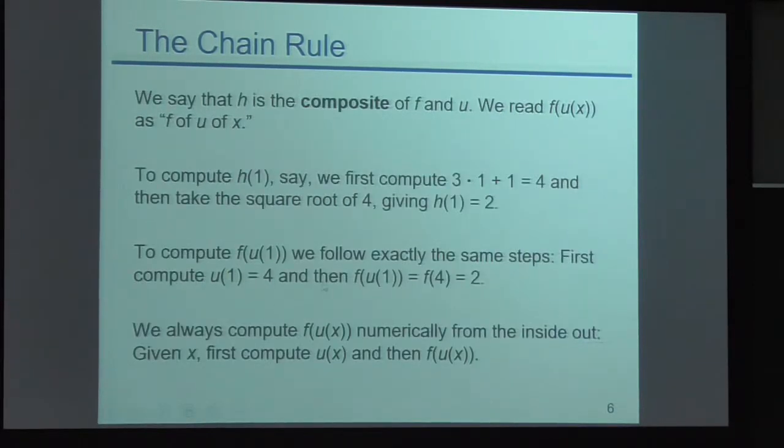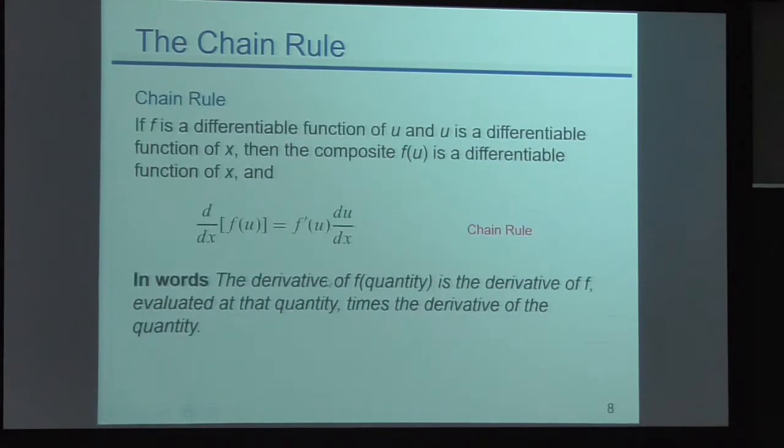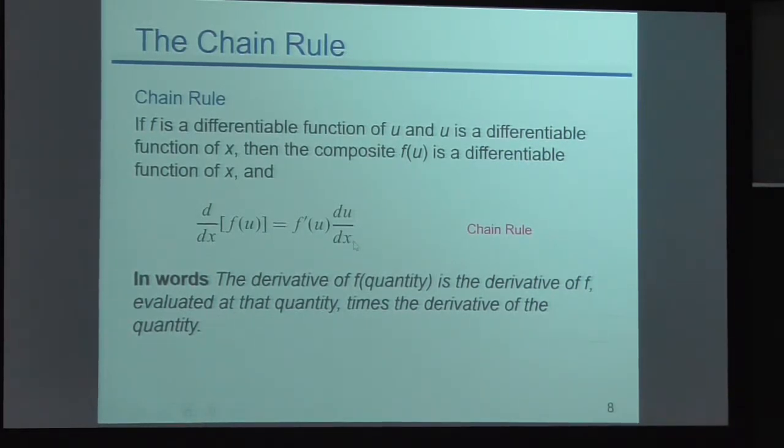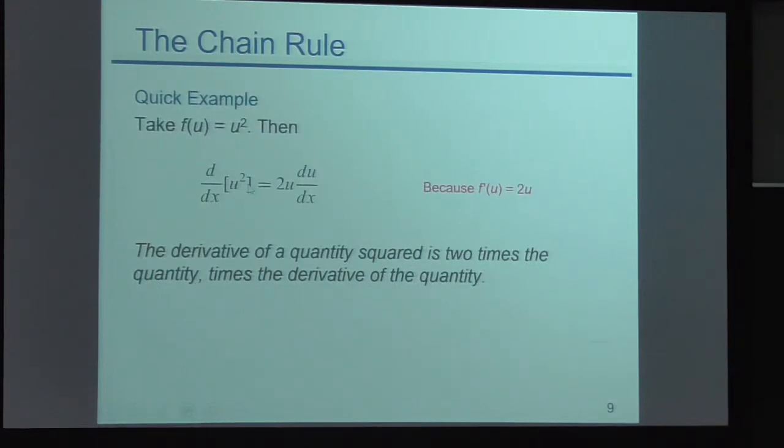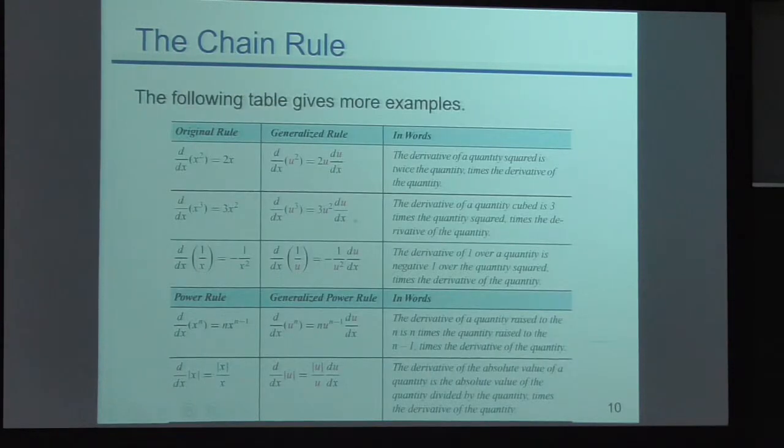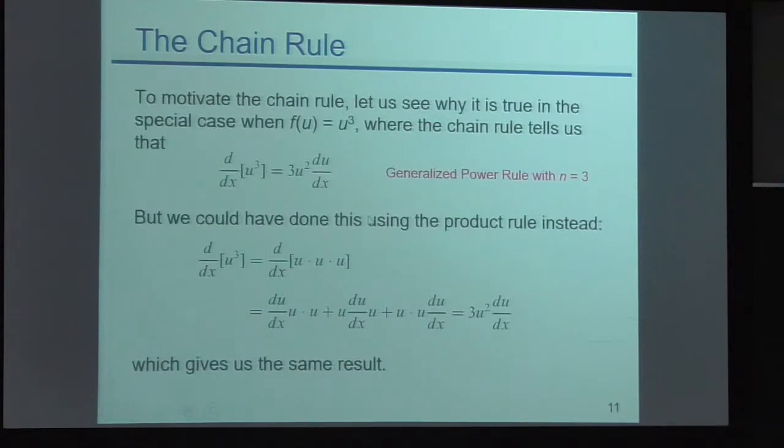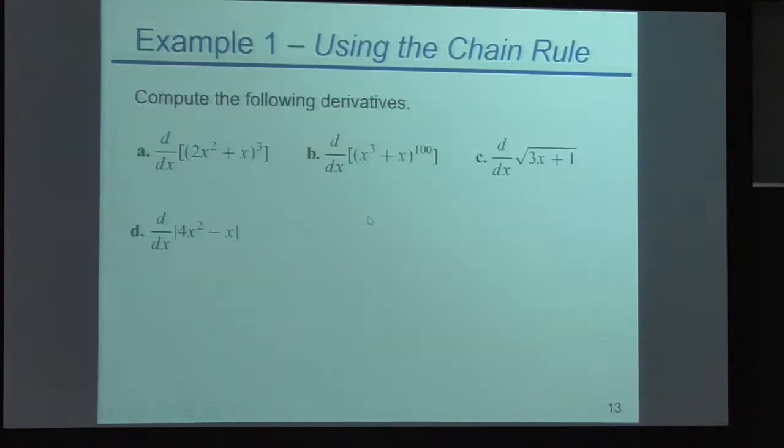Okay, let's see, how do I do this? So here's one form of the chain rule. This actually, we never wrote it this way, but it's the derivative of the outside function evaluated at the inside function times the derivative of the inside function.